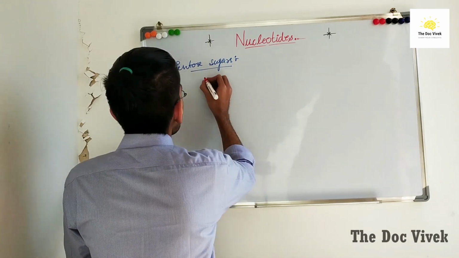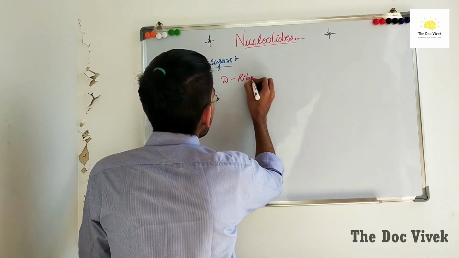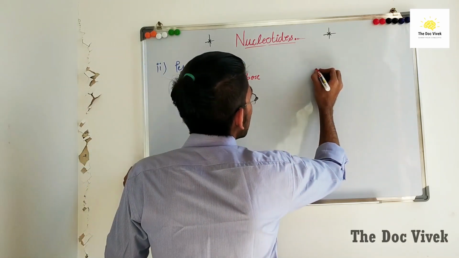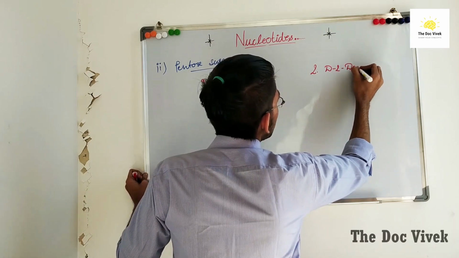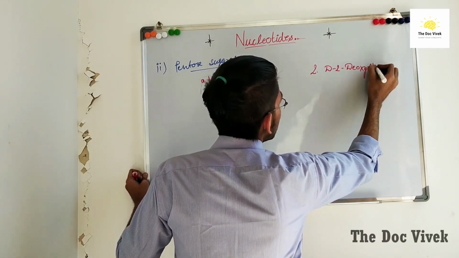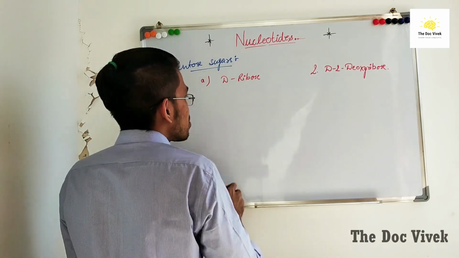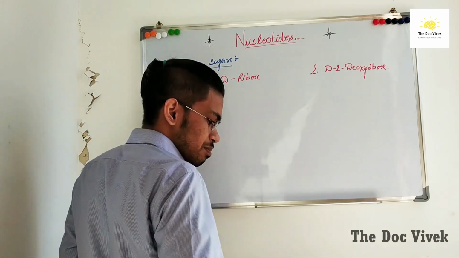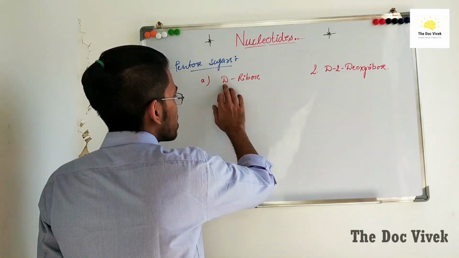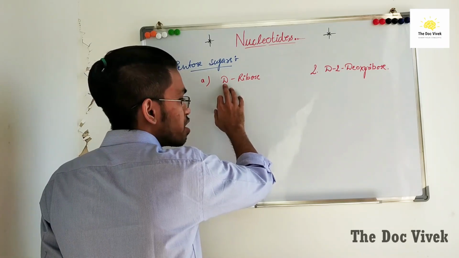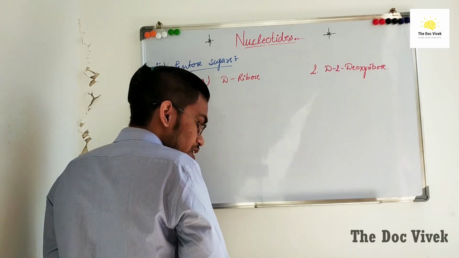There are two types of pentose sugars, D-ribose, and the second one is D2-deoxyribose. D means dextrorotatory. It's all about a concept of organic chemistry, so don't worry about what this D means. The D just normally means dextrorotatory. It's some phenomenon for light.